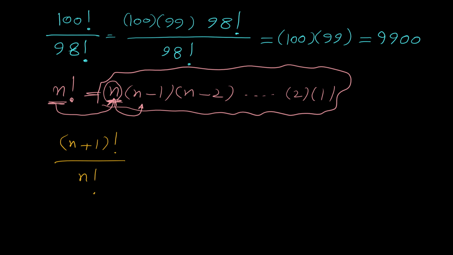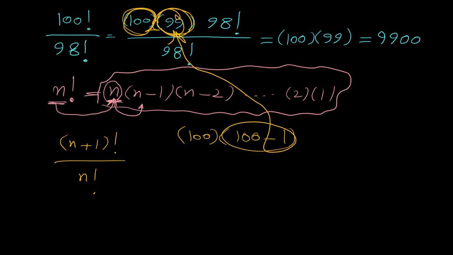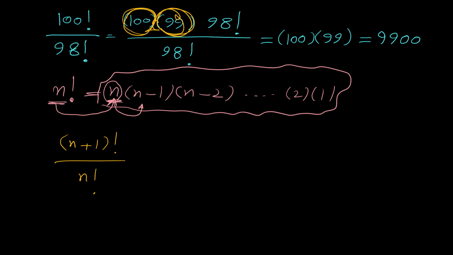When we have 100, then we have 99, which is 100 minus 1. Whatever the previous term is, in the next term we have 1 unit less.